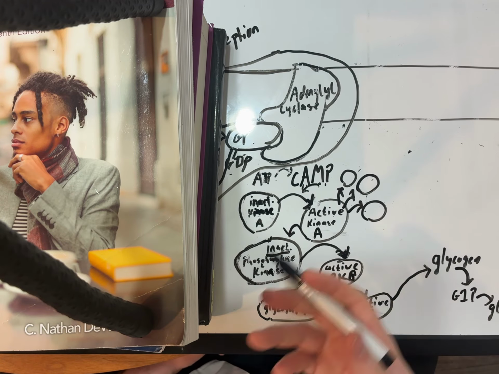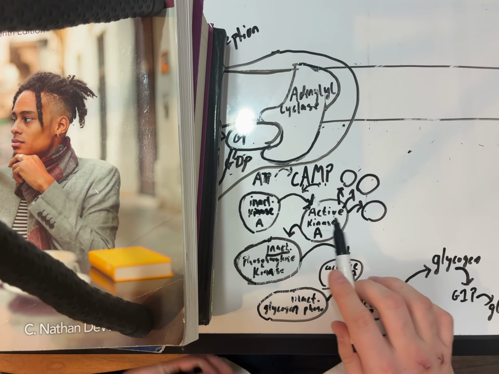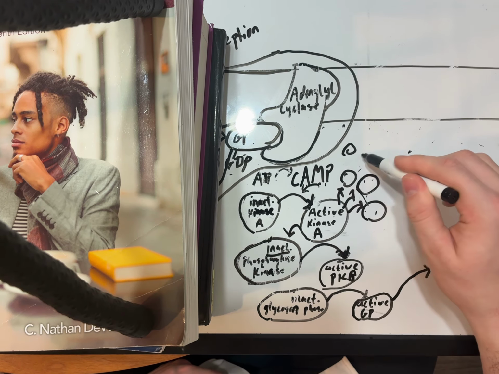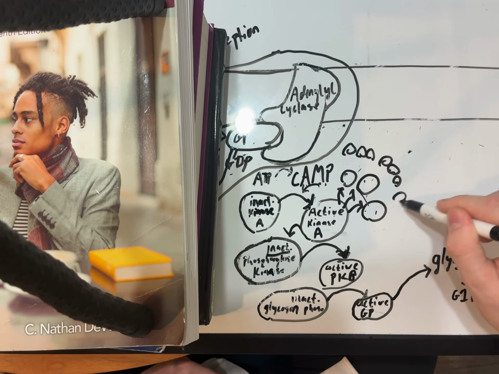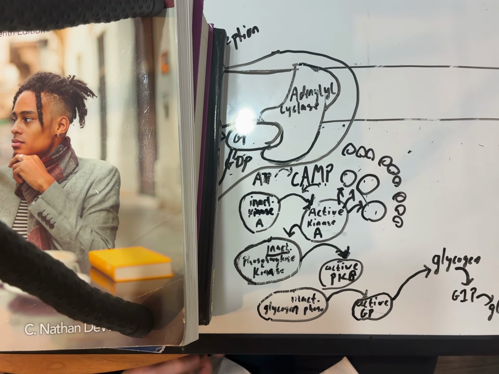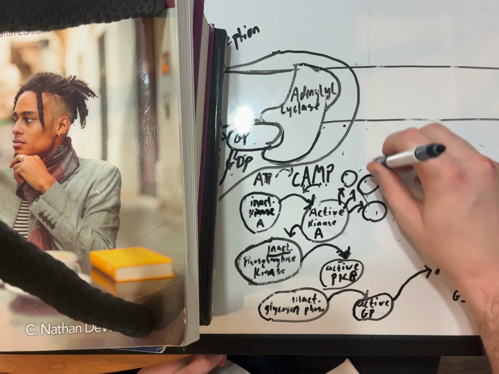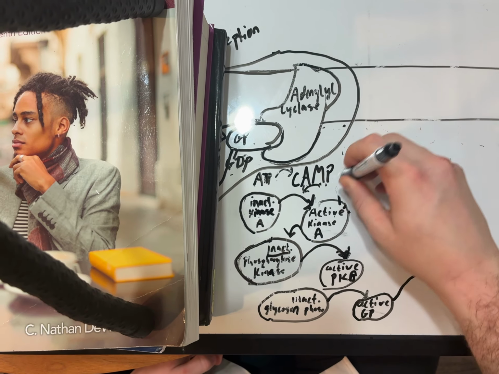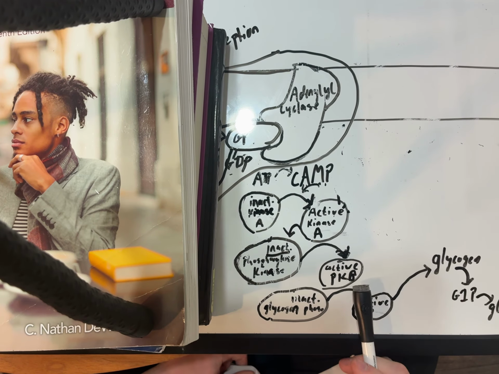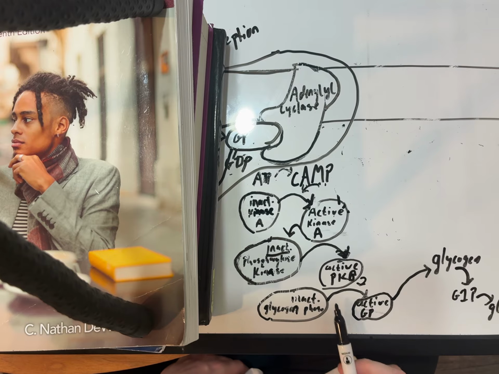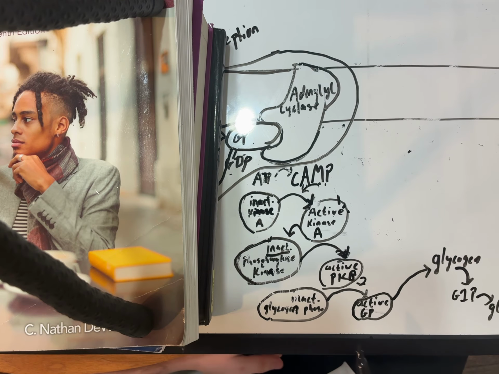And that's why we get signal amplification, because this one can, let's say, phosphorylate 3, and then each one of these 3 could do that to another 3. And then it just goes on, and you can see how that signal could really get amplified. So then once we have this active PKB, it is going to activate, by phosphorylating, an inactive glycogen phosphorylase, I believe, into an active glycogen phosphorylase.